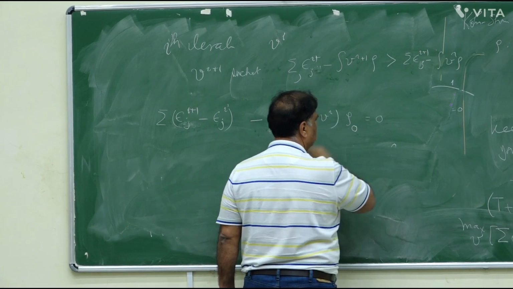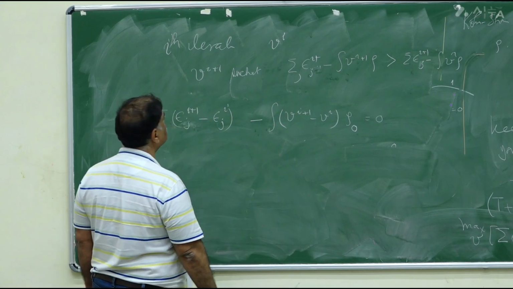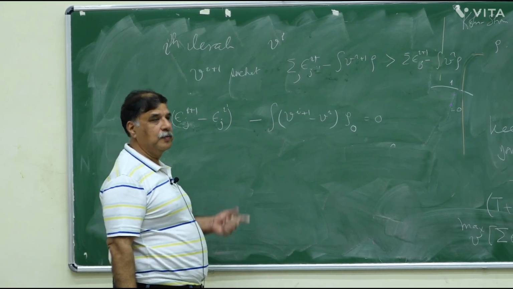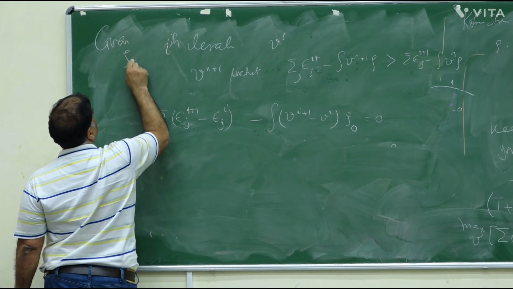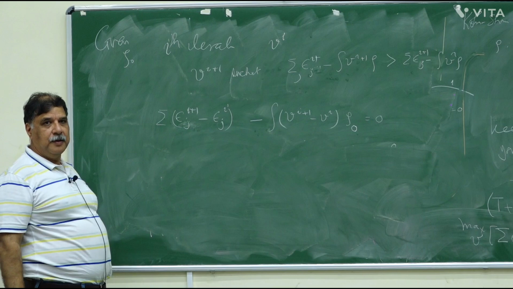I should write the iteration number on top. This is a given rho, so let me call it rho 0.